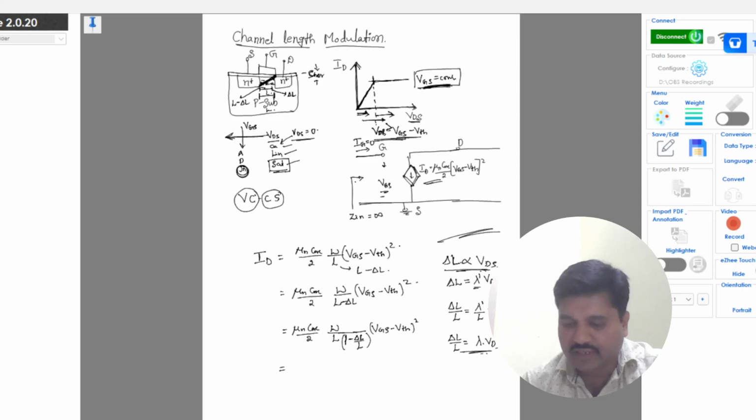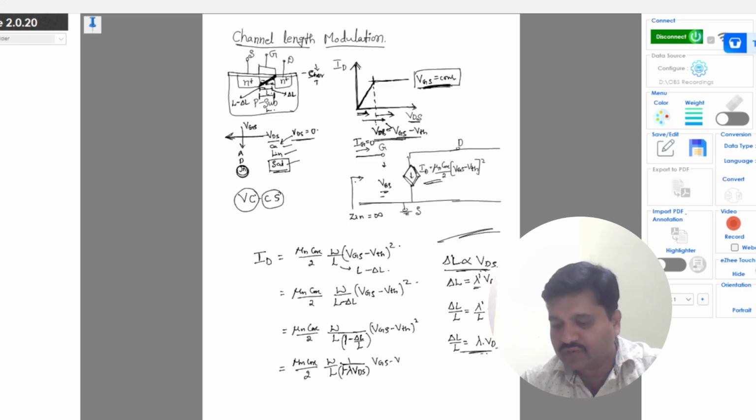Substituting this in the equation, mu n COX by 2 W by L into VGS minus VTH whole square into 1 divided by 1 minus lambda VDS, which we can write as 1 minus lambda VDS to the power of minus 1.